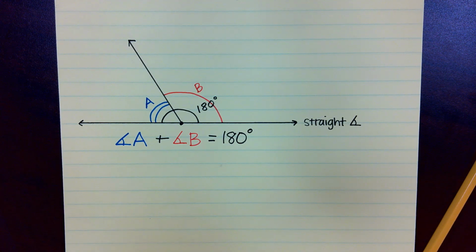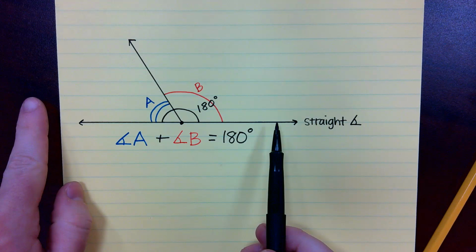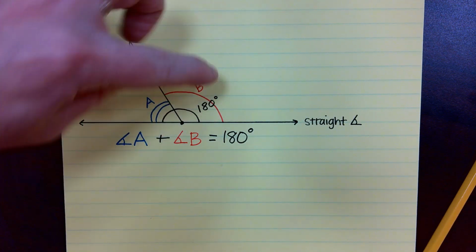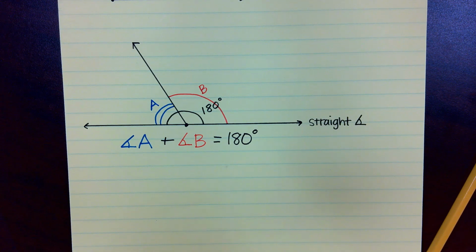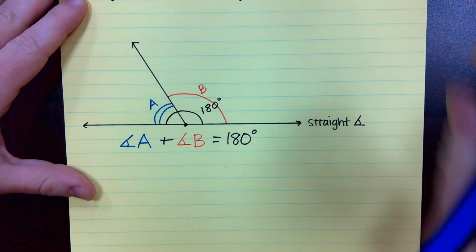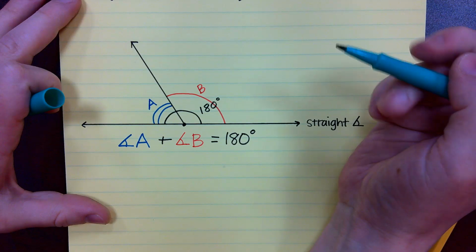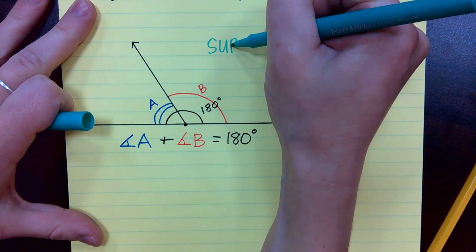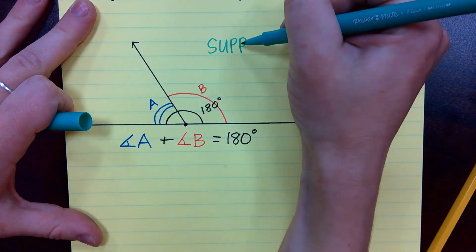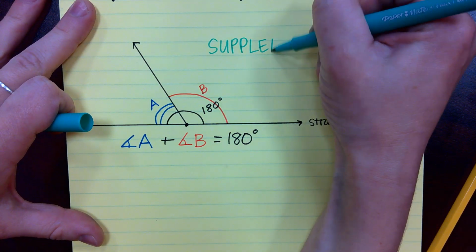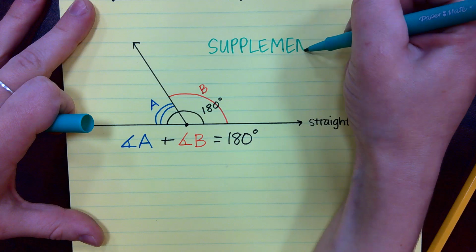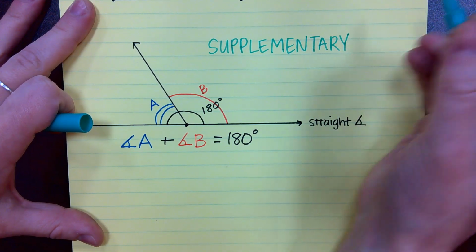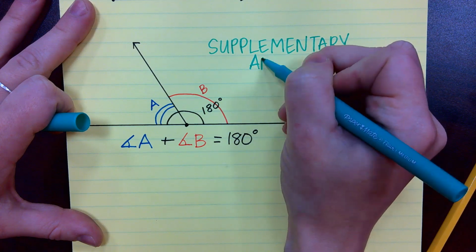So this type of angle where we have a straight angle and then it's separated into two adjacent angles within that 180 degrees, we call this, I'm going to use the same color here, supplementary angles. Supplementary angles.